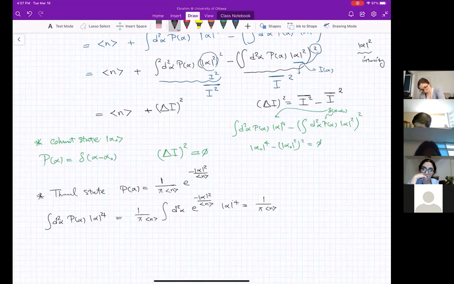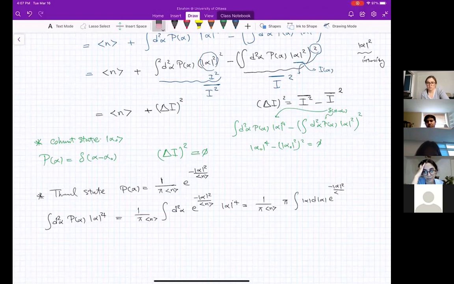Using the same technique, I will do it in my mind. Guys, I may be making a mistake, but just correct me. So definitely I have a 2π. The 2 goes to the coefficient. I have a π, integral of the absolute value of α, e to the power of minus α squared divided by, oh, no. Okay, so let's do it directly because I have taken the 2 out.